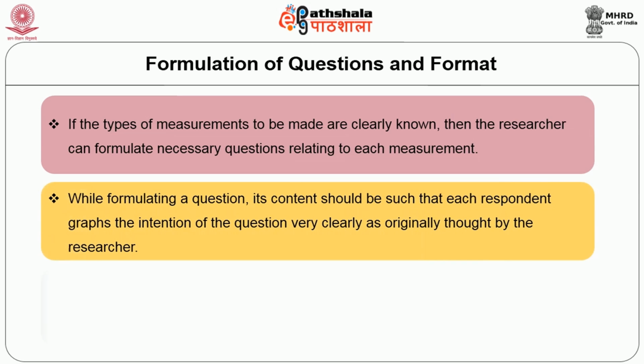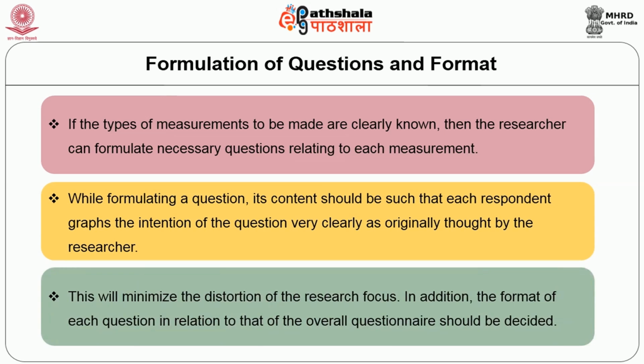While formulating a question, its content should be such that each respondent grasps the intention of the question very clearly, as originally thought by the researcher. This will minimize the distortion of the research focus. In addition, the format of each question in relation to that of the overall questionnaire should be decided.